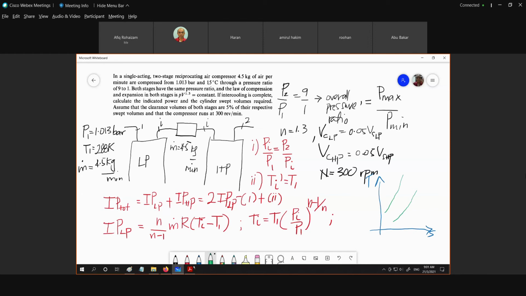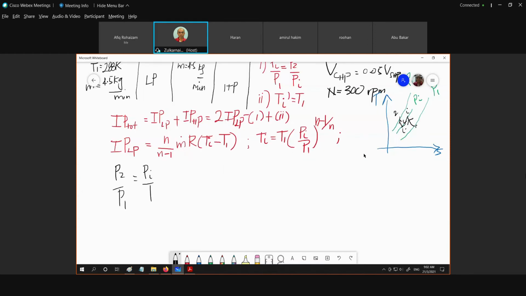So kalau kita lihat dari segi the relationship between pressure ratio, kita dapati P2 over P1, which is the overall pressure ratio, is equal to the individual pressure ratio of each compressor. Jadi di sini adalah Pi over P1 multiply by P2 over Pi. And they are the same. Lihat ya. P2 over Pi sama dengan Pi over P1.